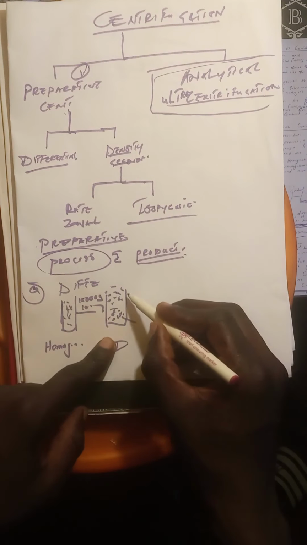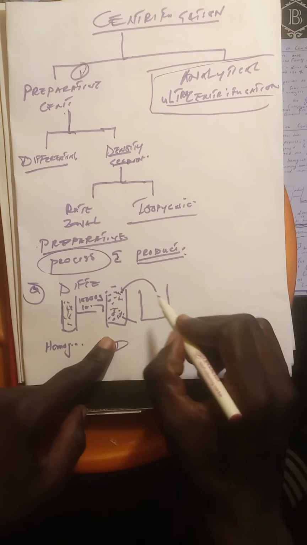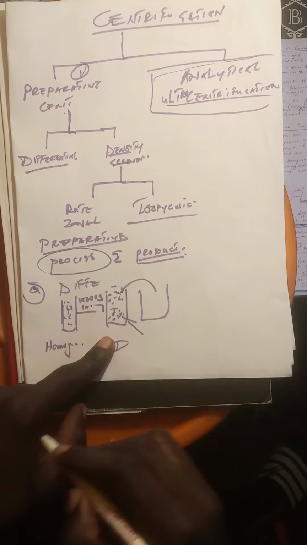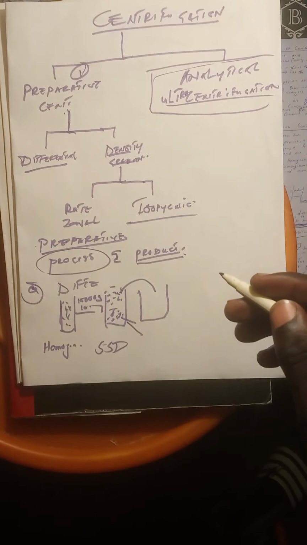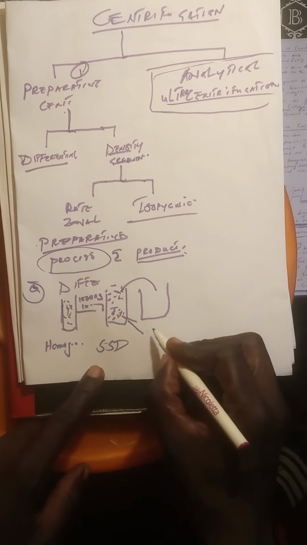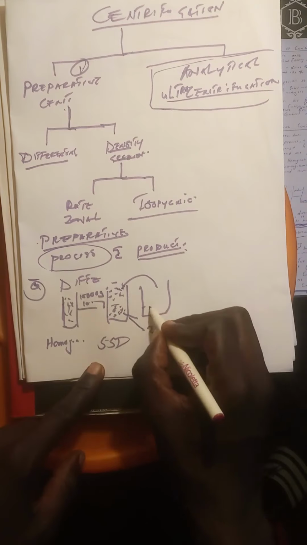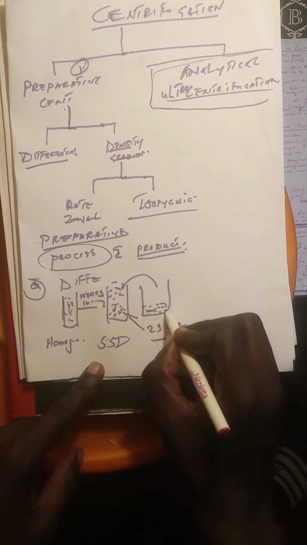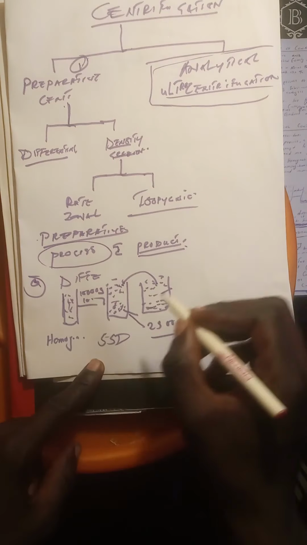Then again, you get the supernatant, pour in another tube, subject it to further centrifugation, but at a higher speed, and you increase the time. So maybe let's say 25,000 G. Then you have again other cell components settling there, and you have others on top as a supernatant.